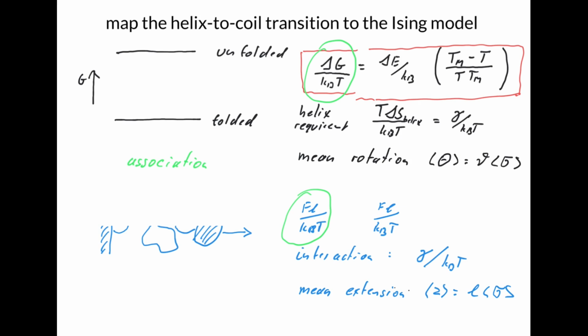Likewise, we have the same interaction parameter, so delta S helix times T divided by kBT is equal to gamma divided by kBT, and the mean rotation we can associate with the mean extension.